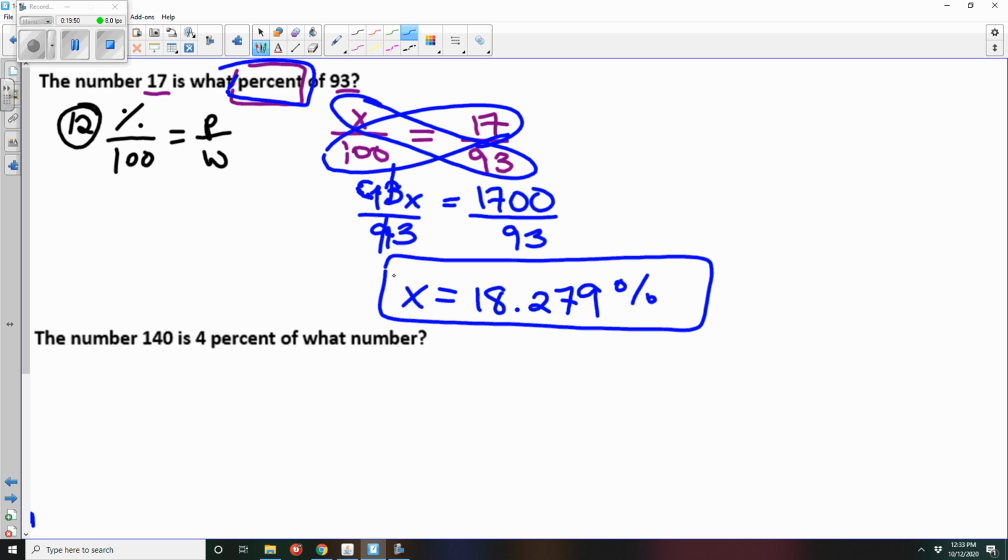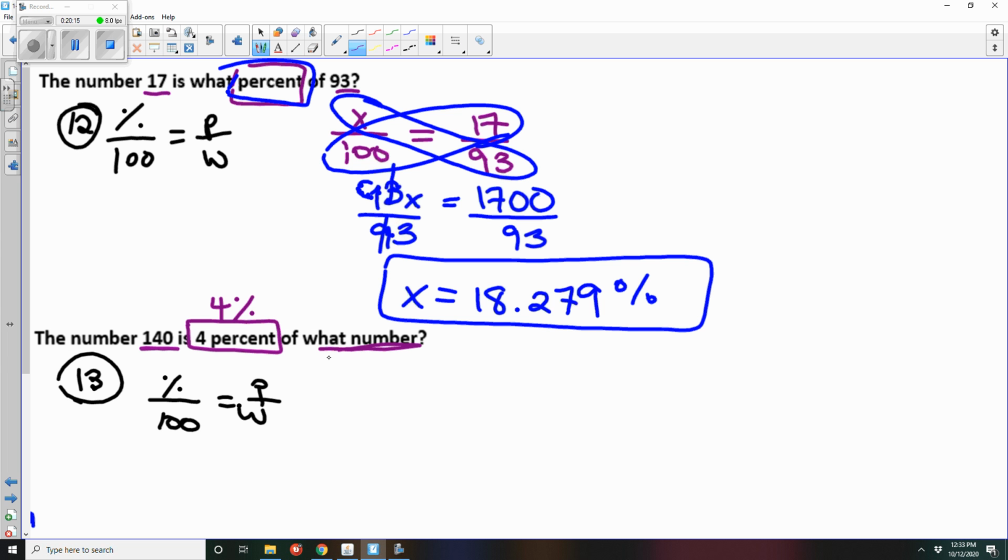Alright, now one last one. This one's my favorite one. So remember, it's always going to be your percent over 100 equals the part over the whole. For this one, we're asked to find, the number 140 is 4% of what number?